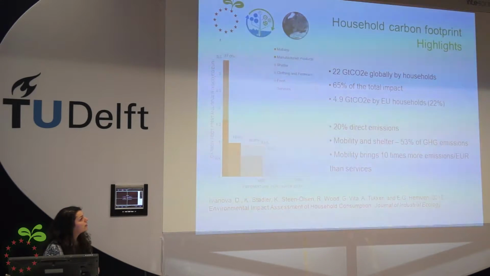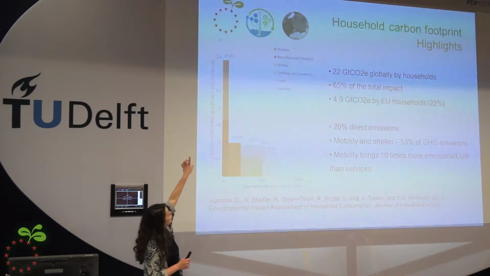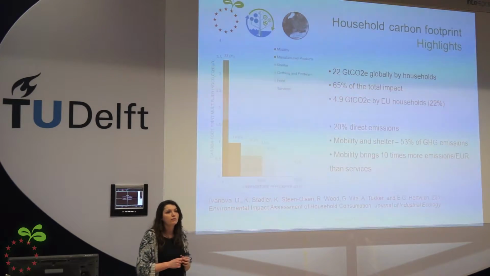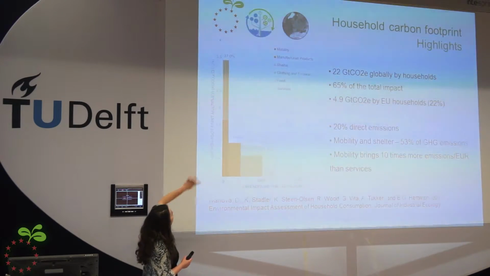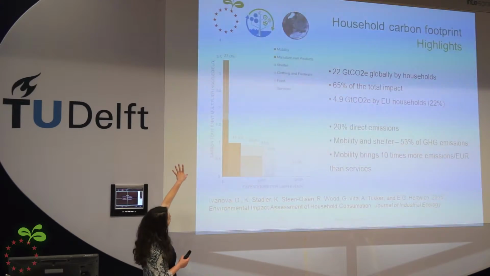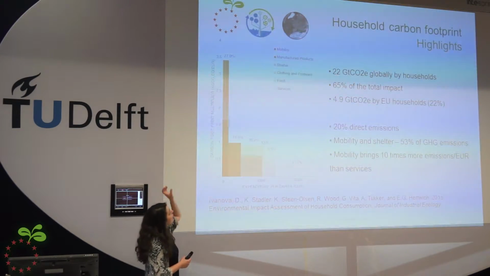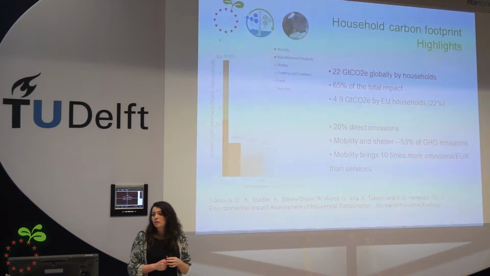And you could see on this graph here, the percentage shows the contribution of that category as a part of the total footprint, and on the y-axis we have the intensity of that category.